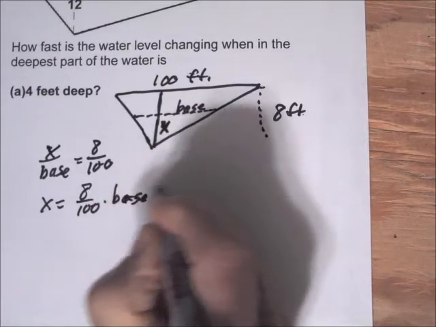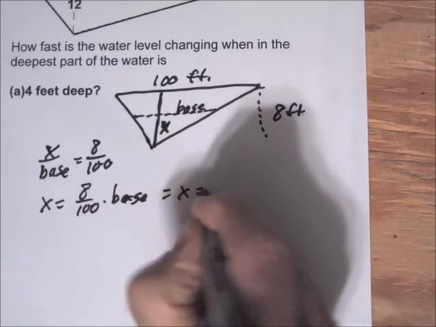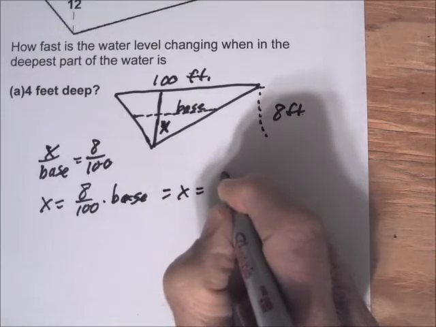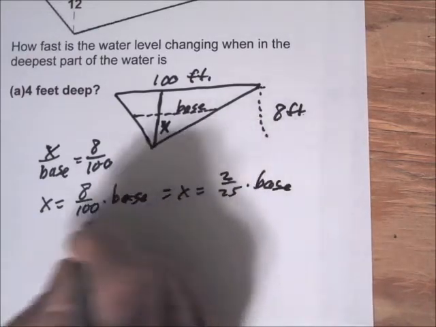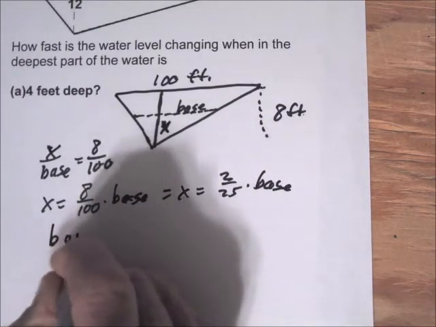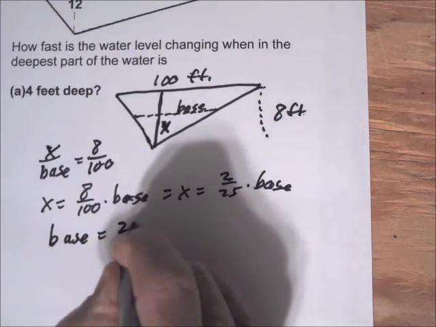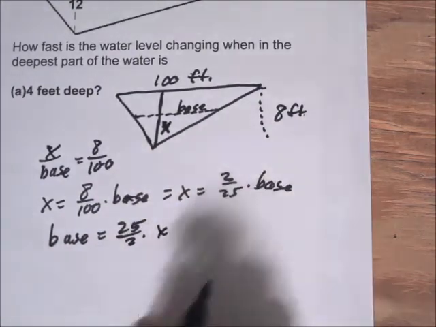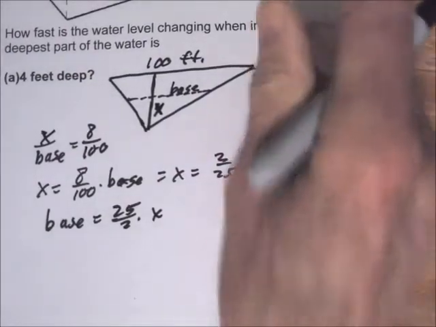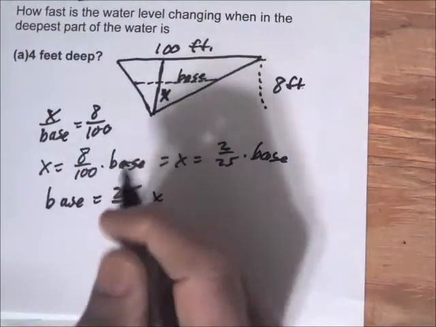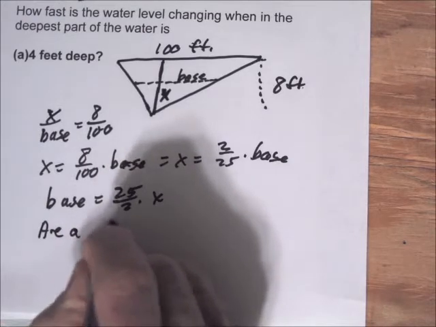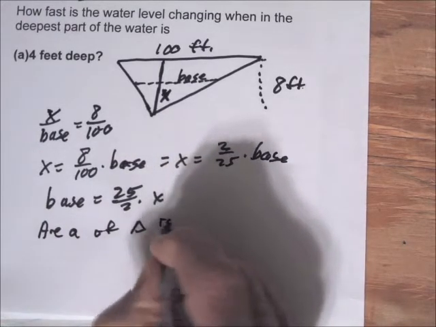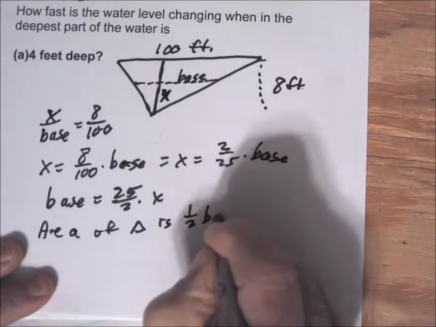Actually, x is equal to, if we reduce that, 2 over 25 times the base. Or maybe it's more convenient to express the base in terms of x. Base is equal to 25 over 2 times x. So the area of a triangle is 1/2 the base times the height.